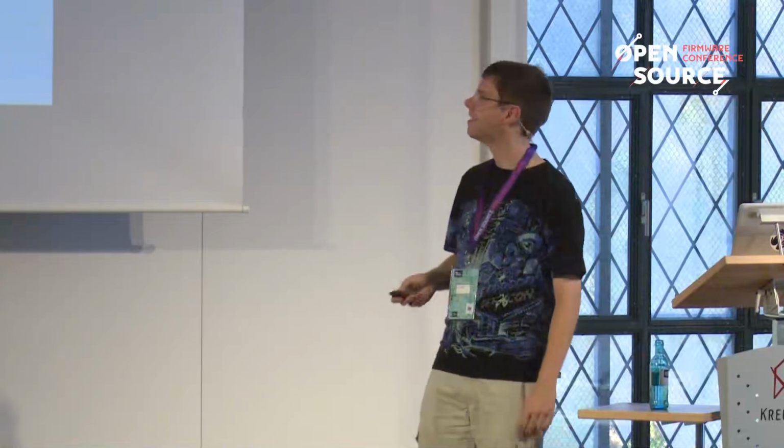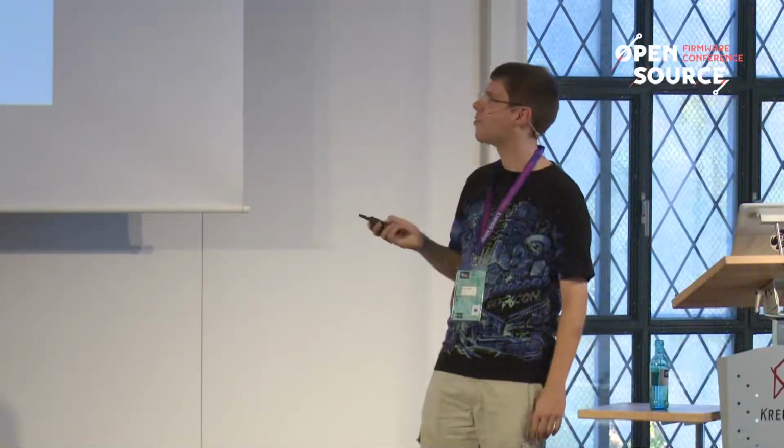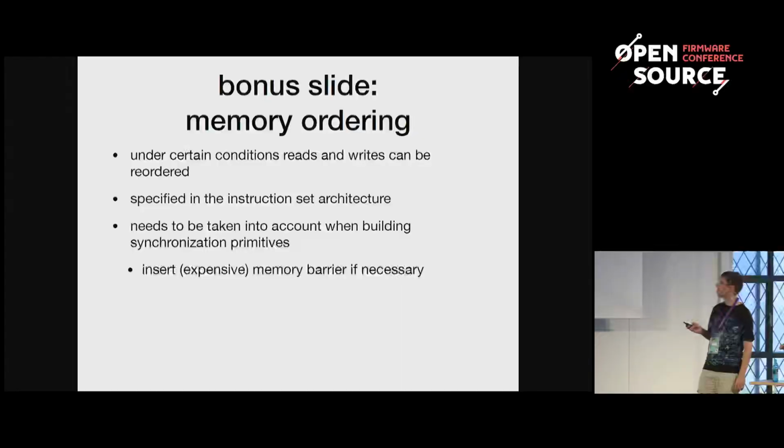But that's something the programmer has to be aware of, because when building synchronization primitives, you really have to know which accesses can be reordered, and if some accesses must not be reordered, you need to enforce that. You can insert a memory barrier, but that memory barrier is really expensive because it flushes state.